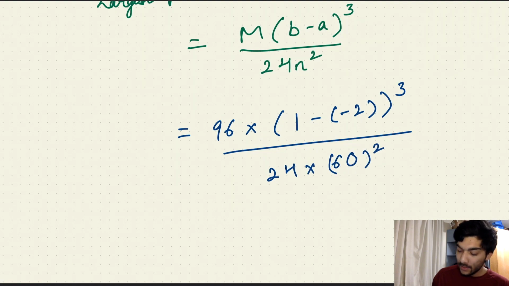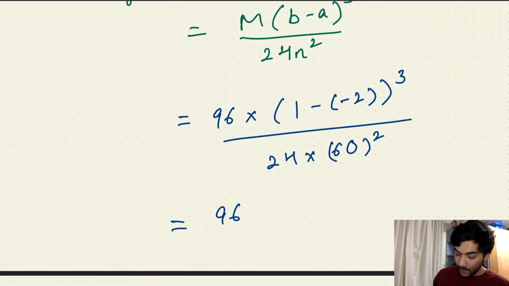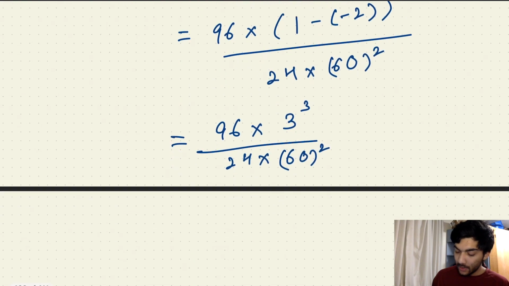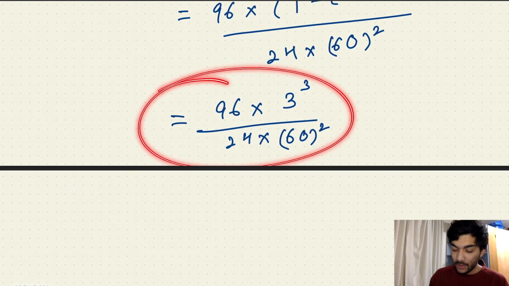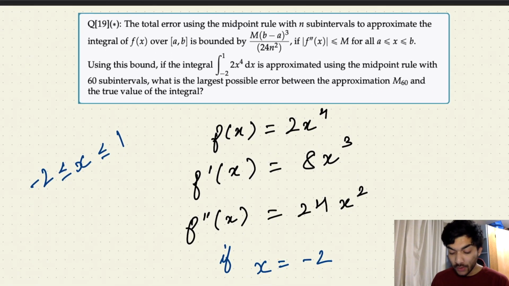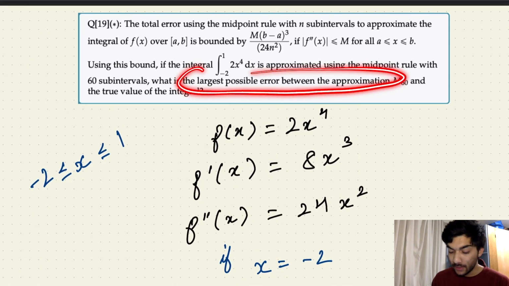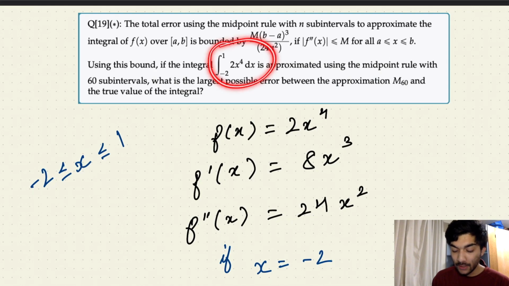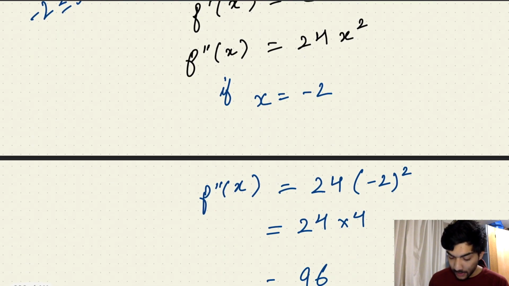It simplifies to 96 times 3 cubed upon 24 times 60 squared. When you solve this expression, you'll get the answer to this question, which is the largest possible error between approximating this definite integral using the midpoint rule and the true value of this integral.